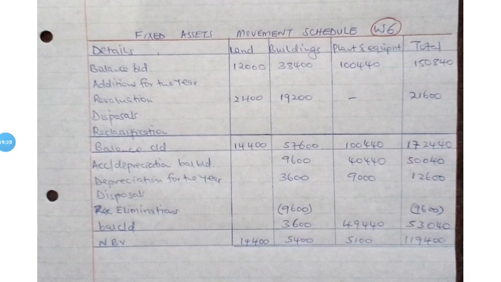So for the land, we don't have balance cut down, and therefore the balance cut down for the land above there is the figure we are putting as the net book value. So we get the net book value as the balance cut down of our fixed asset at cost, you less the balance cut down of our depreciation, meaning buildings 57,600, you less 3,600, you get 5,400.